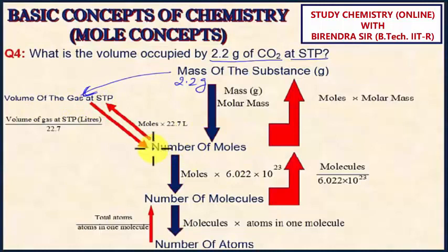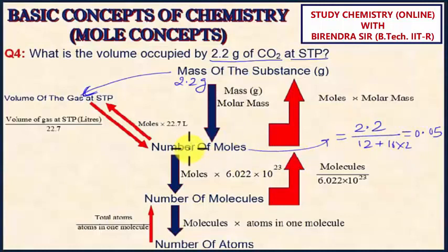So the central part is number of moles. First I'll find the number of moles. So number of moles of the substance will be 2.2, that is mass, upon molar mass, which is 12 plus 16 into 2, that is 44. So 2.2 upon 44, the value comes as 0.05.